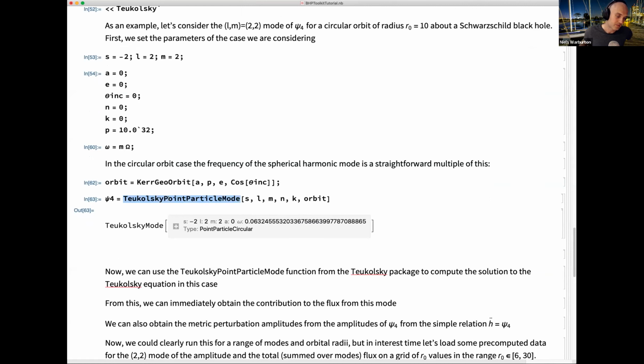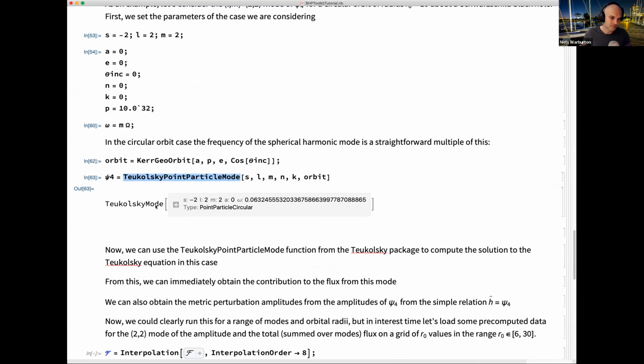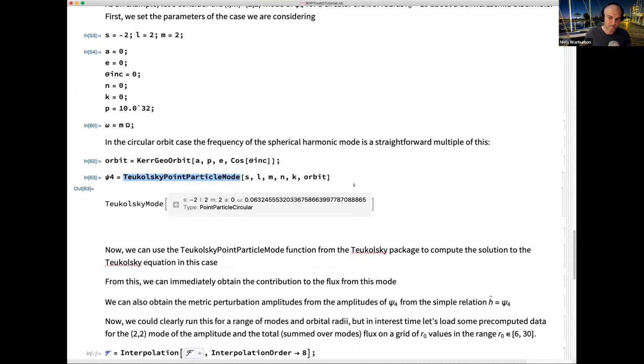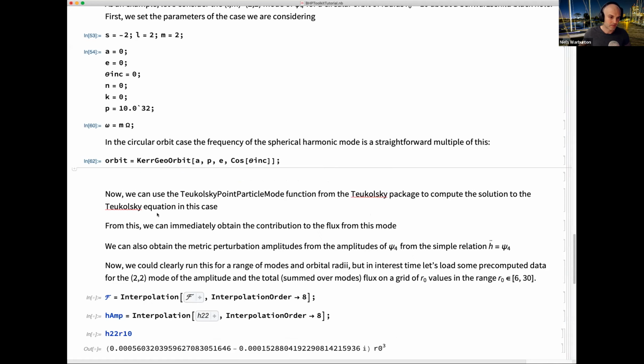So when we run that, that returns, again, one of these Mathematica objects, something that you can query for various results that you might find interesting. And you can actually expand that and see there's some further information that it gives you there.